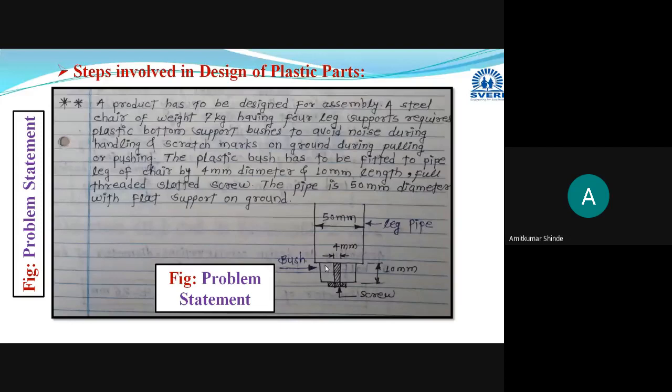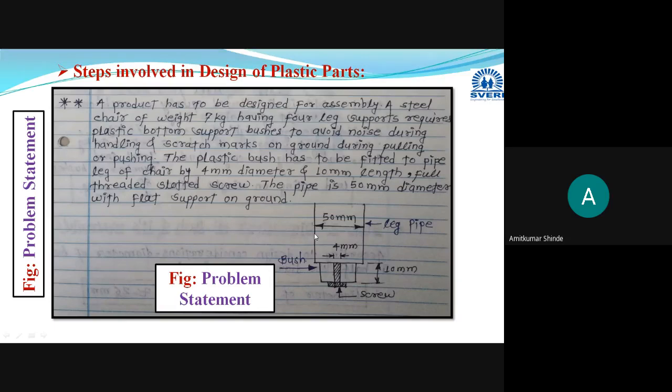To avoid the friction, and to avoid the probable formation of scratch marks, we are providing that bush, and that bush will be with one boss arrangement to provide the screw for the assembly purpose, to attach that bush to the chair leg. One screw will be provided, and for attaching that screw, boss arrangement will be there. Okay, and for that certain dimensions are given.